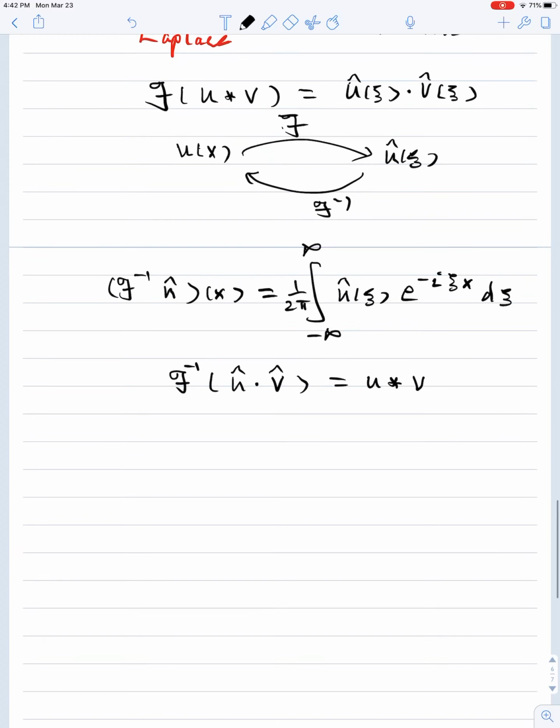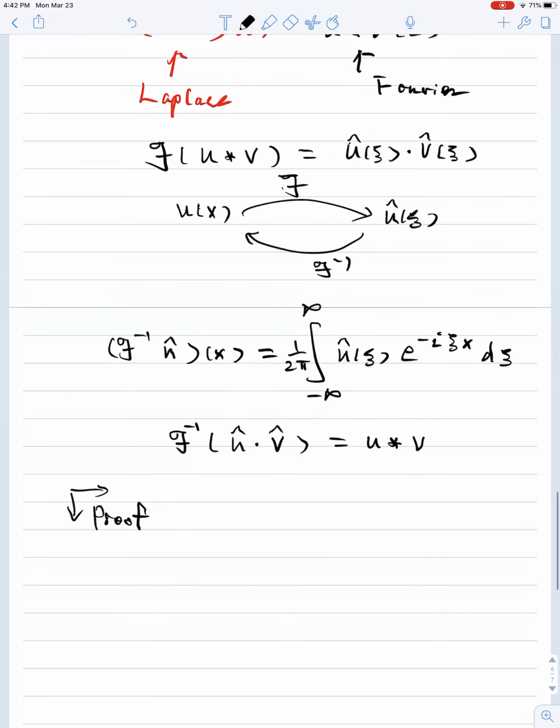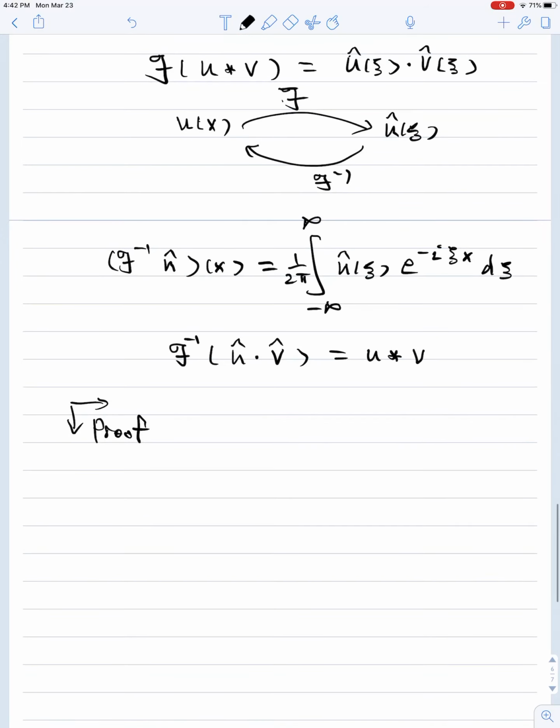All right. Let's see why this is true. How do we prove this, the fact that the Fourier transform of a convolution is the product of the Fourier transforms?